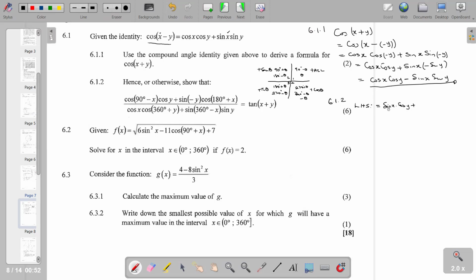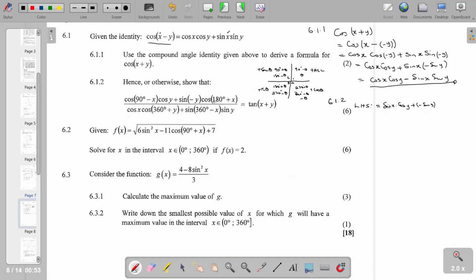Then plus, here we are having this angle. Negative angle is in which quadrant? Fourth quadrant. What is the sign of sine in the fourth quadrant? It's negative. So here we are going to have negative sin y. Then we check the other one. 180 plus is in which quadrant? It's the third quadrant.